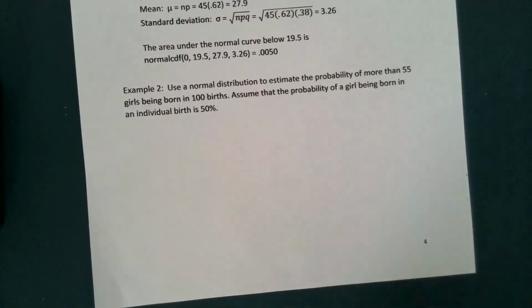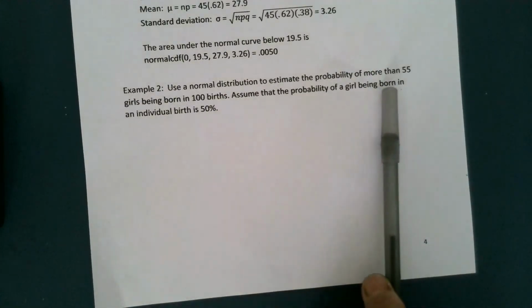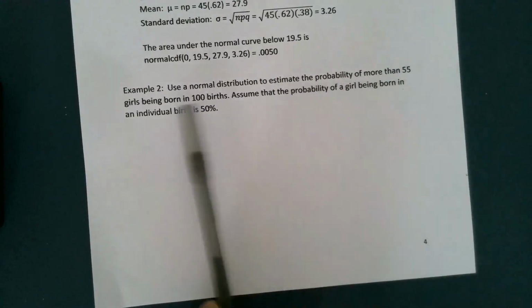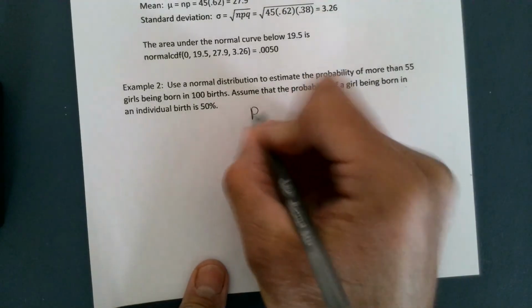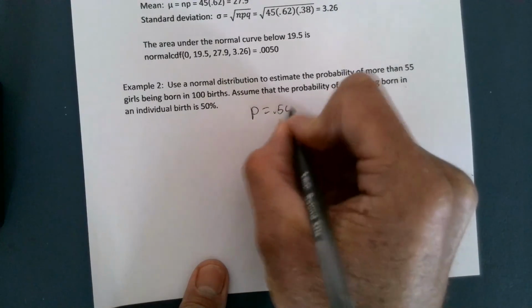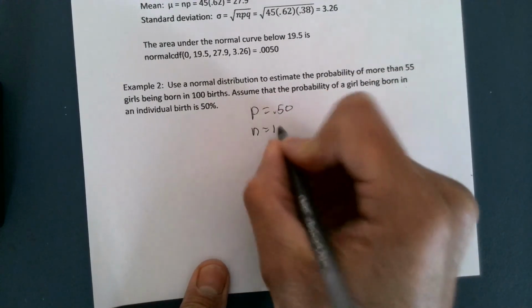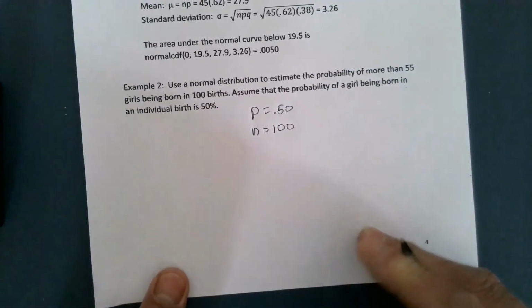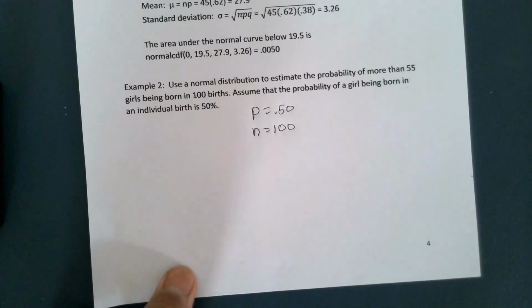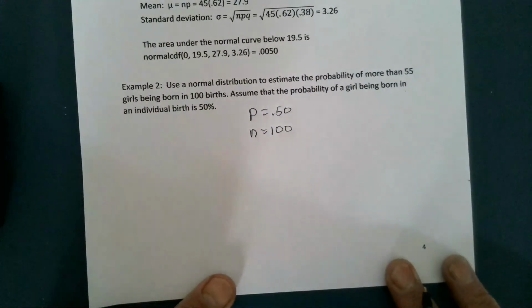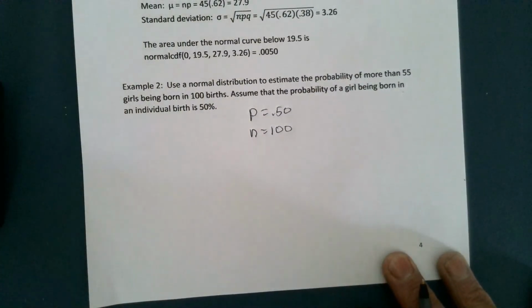Okay, the last problem I have is, if we have 100 births, what's the probability of more than 55 girls being born? So we'll assume p equals 0.5 and then n is 100, the sample size. So np and nq are both equal to 50. So it satisfies the criterion for using the normal distribution.